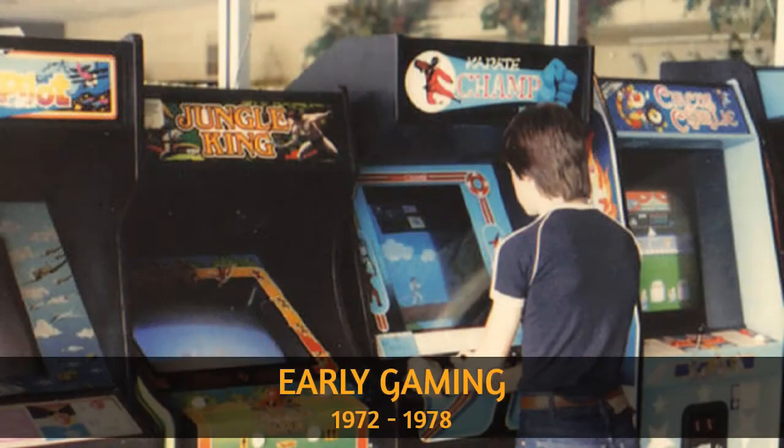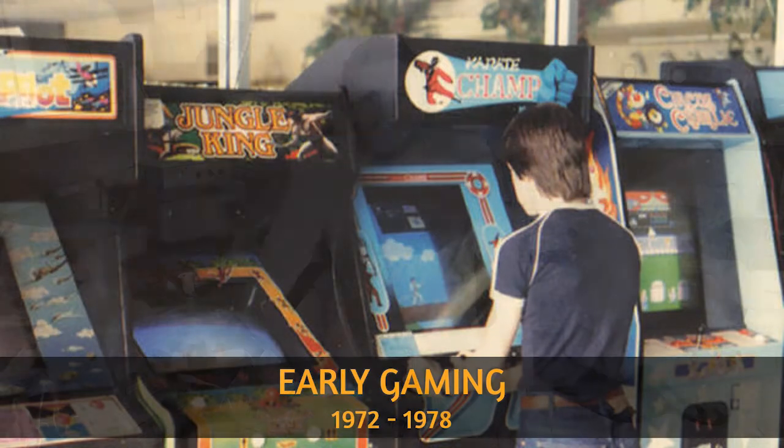Okay, so early gaming, 1972 to 1978. Nolan Bushnell is an important guy in the history of video games, especially during these ages. So let's talk a little bit about him. He took electrical engineering, and he worked part-time, during summers, at an amusement park close to where he was going to school.